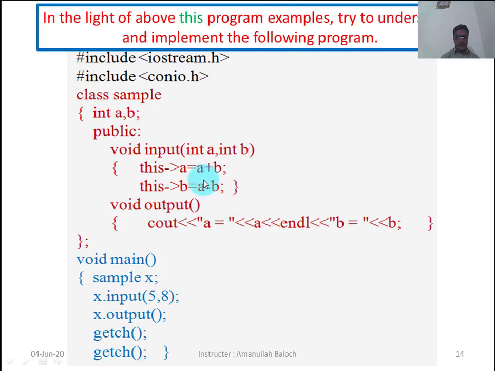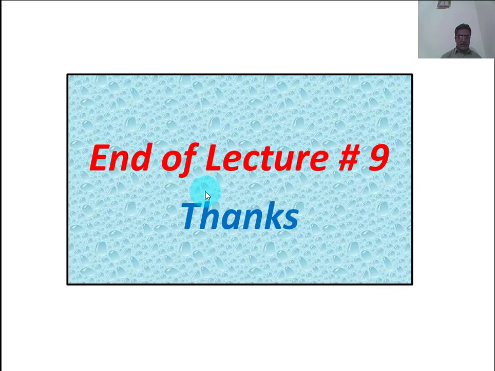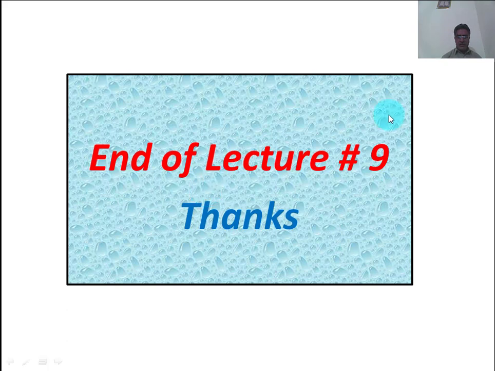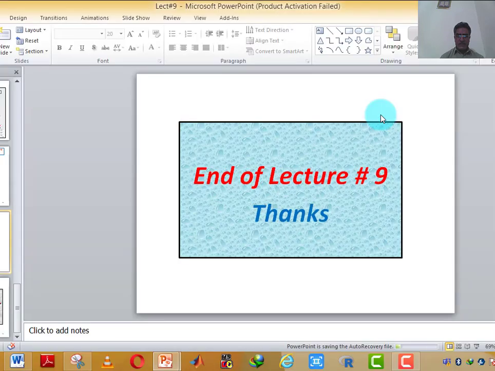You have to try this code in C++, see the results of this second example of this pointer, and try to understand it on your own. This was the end of our lecture.